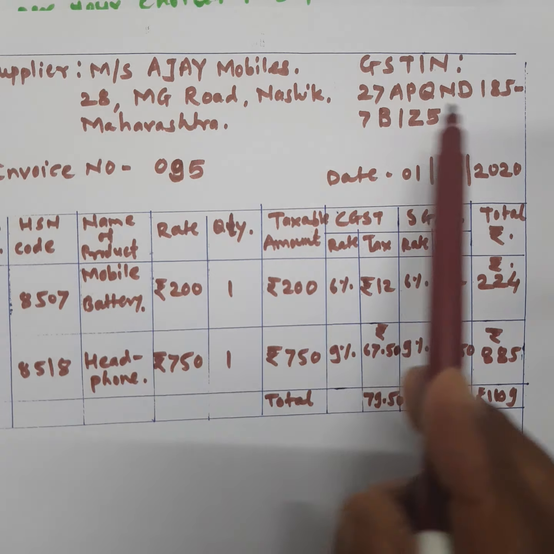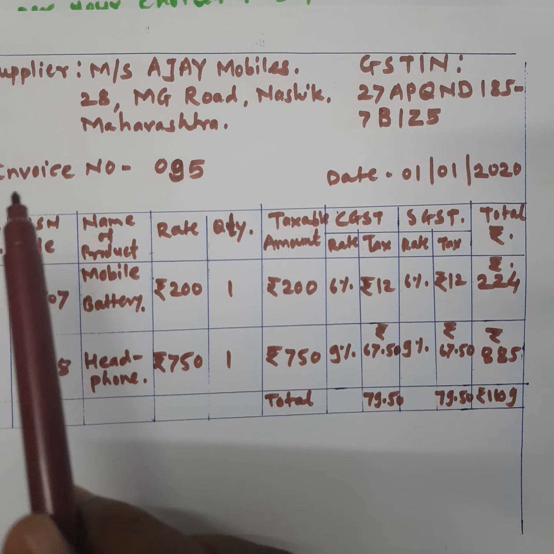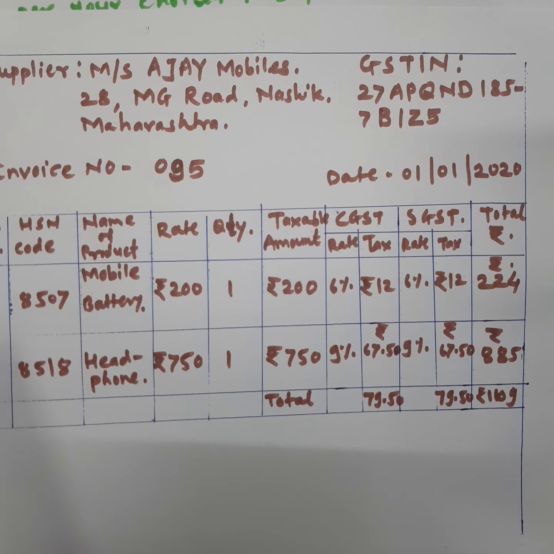After the information of supplier, we have to write the information of recipient, and then form the same type of table there. In this table, some changes are given in your textbook, but you can also prepare it like the same invoice.